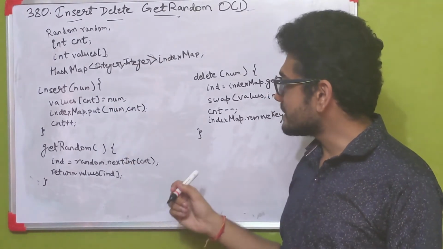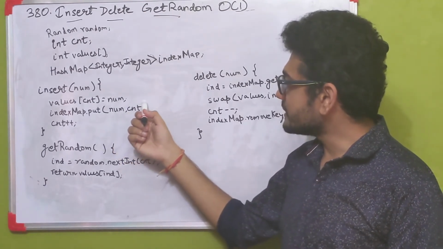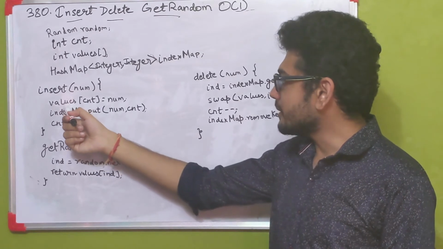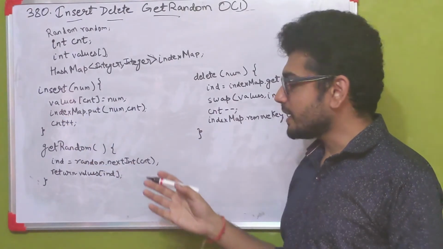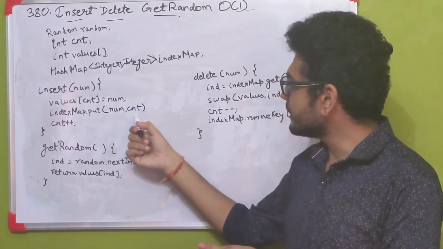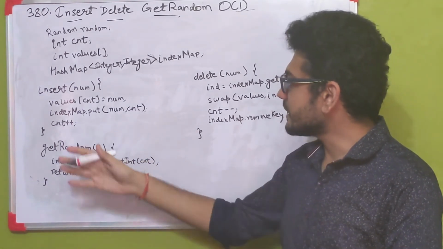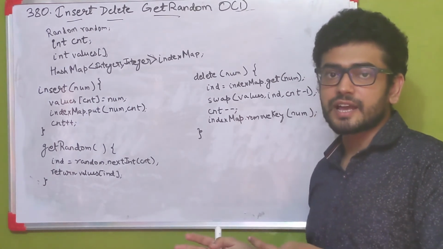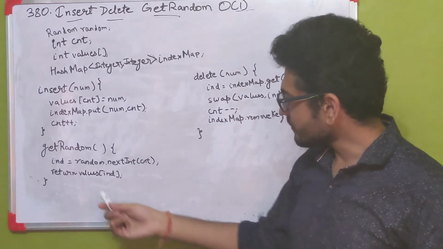Let's see how we perform all these operations. First is insert. For inserting an element into the data structure, we append it to our values array, add the index mapping, which is number to index, and then increment the counter because the number of elements in the data structure has increased.